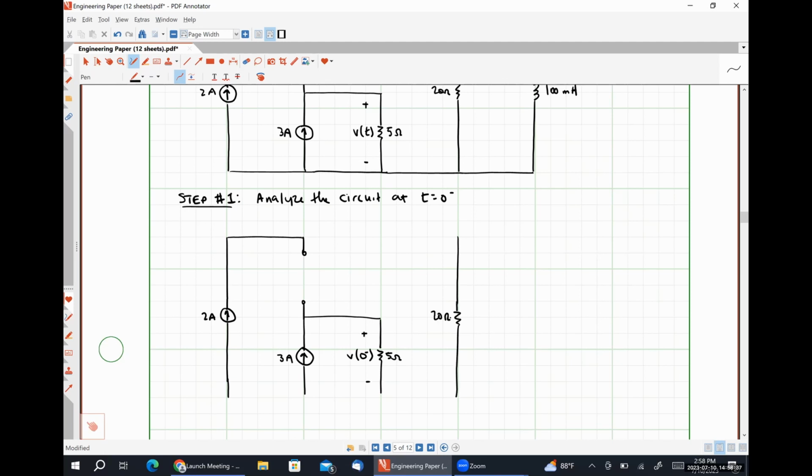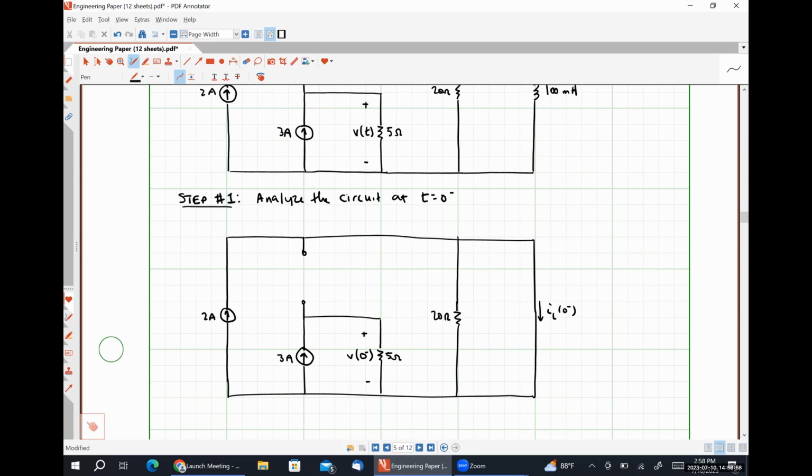Here's my 20 ohm resistor. And then way out here on the right, I have a short circuit representing my inductor, because inductors look like short circuits at t is equal to 0 minus.